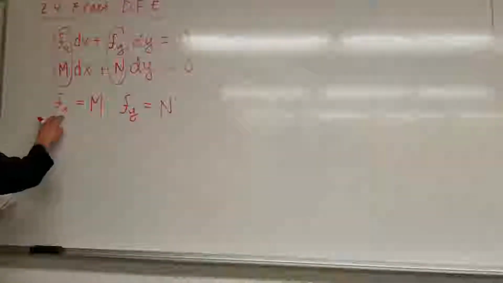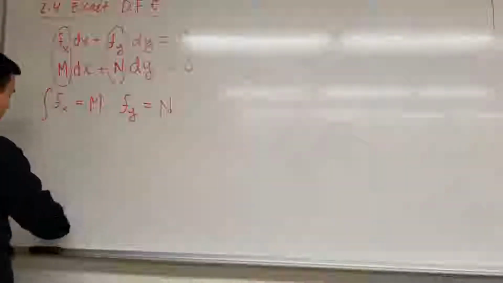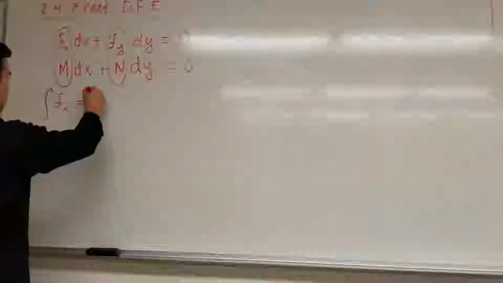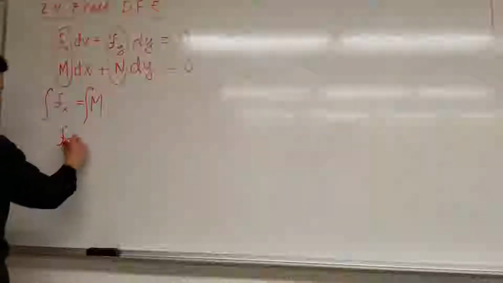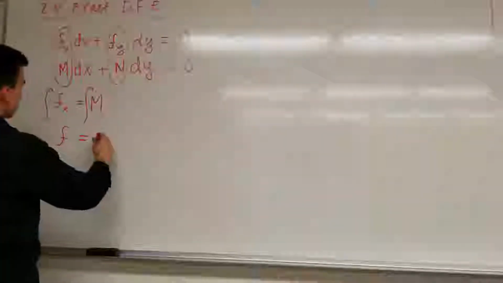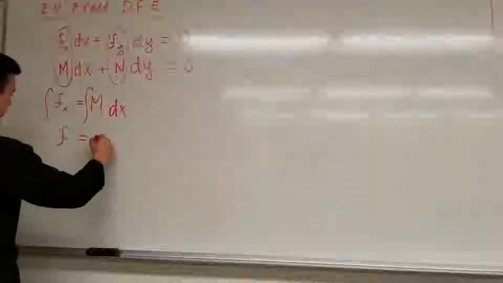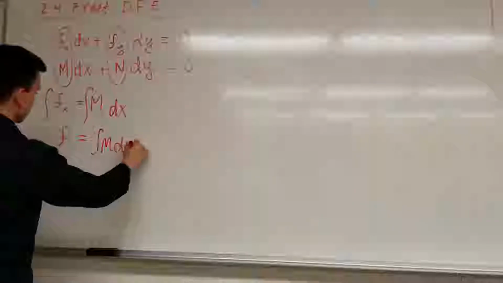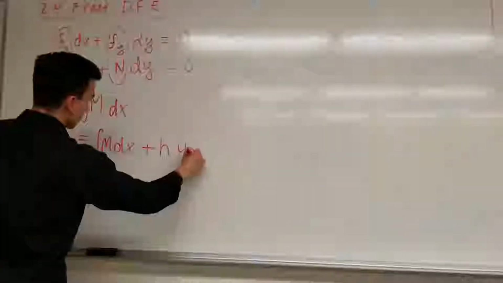So if I take the integral of this partial of f with respect to the partial of x, and I take the integral of both sides, I'm going to get this little f is equal to, with respect to dx, the integral of M dx plus h of y.